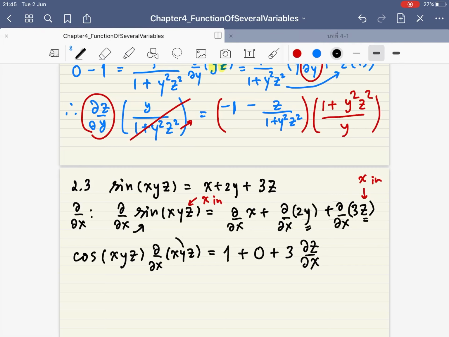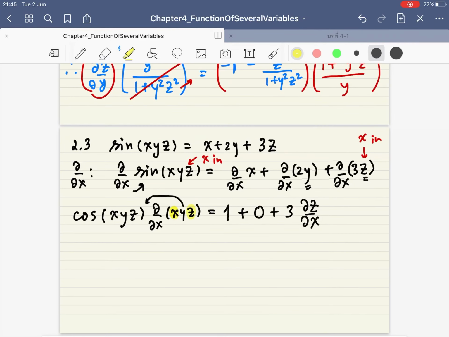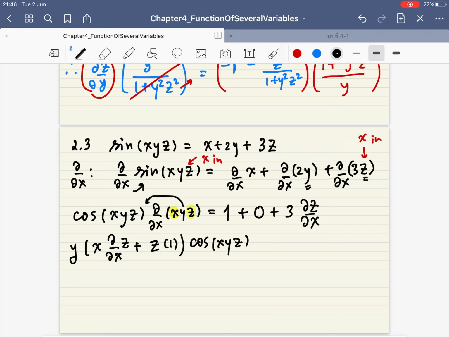So here your y is a constant, so you can pull it out, but again x is a function of x, your z is also a function of x, so it is a product, right? So let me just write down first: it's the first derivative of the second plus the second derivative of the first, and don't forget the cosine that we need to copy down.